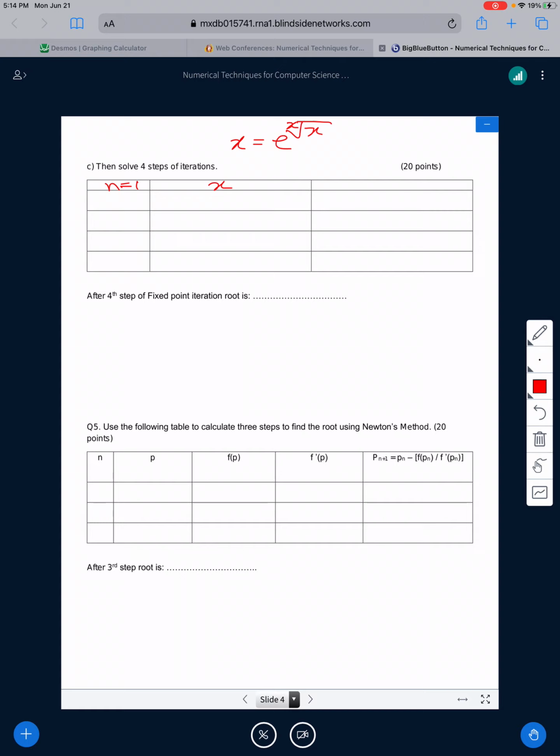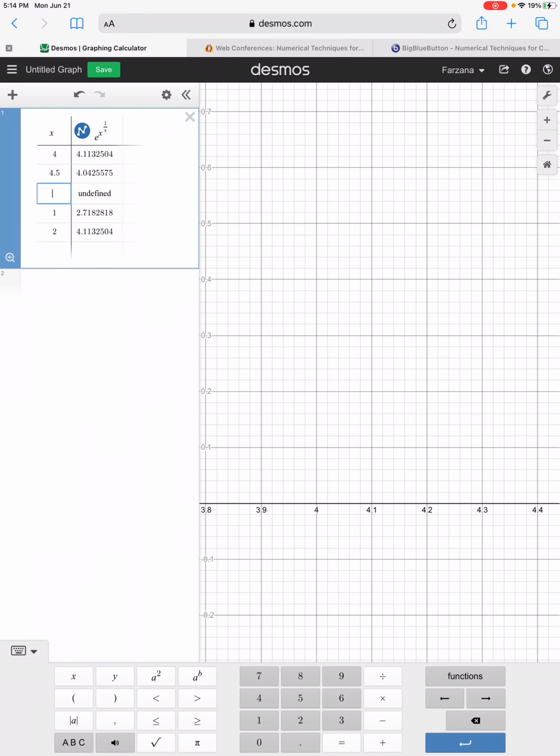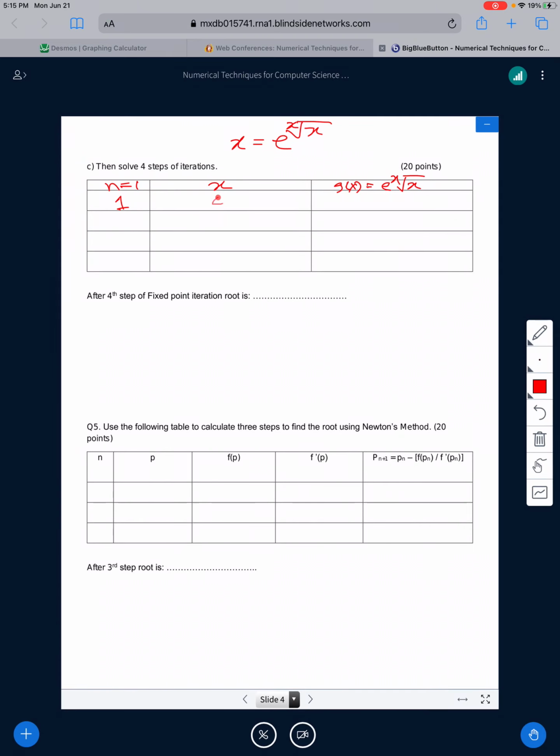Your x can be anything inside 4 to 4.5, and your g of x is equal to e to the power x root of x. Okay, so n is equal to 1, step 1. You can start from anything between 4 and 4.5. So let's start with 4. So it will give you 4.113250.